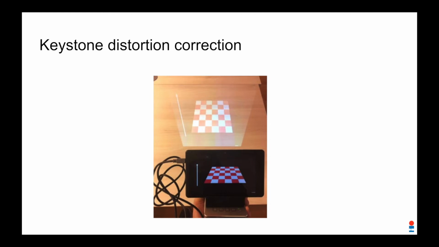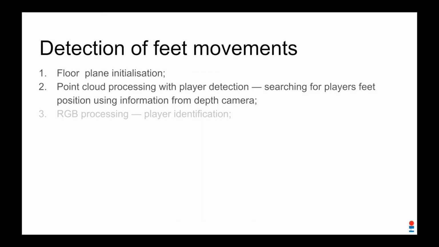So, the second challenge of making projections interactive is to detect feet movement. In order to perform detection of feet movements, we need to initialize our floor plane and perform point cloud processing, in which we search for players' feet position using information from the depth camera.